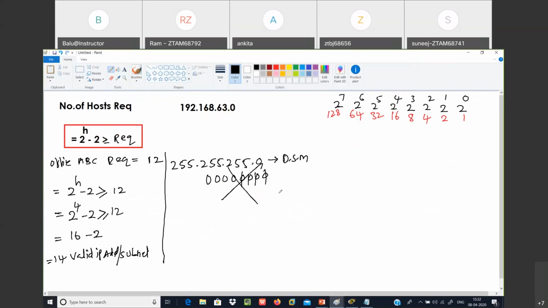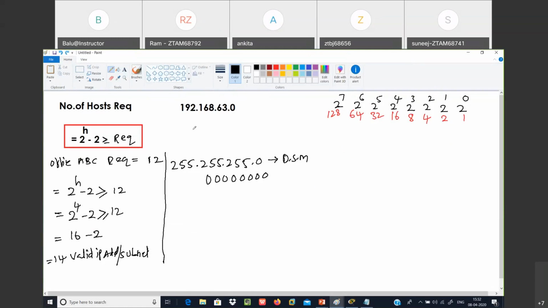You know how to convert for host bits: the power value is h. If it is 4, just leave 4 host bits, and convert all the remaining.